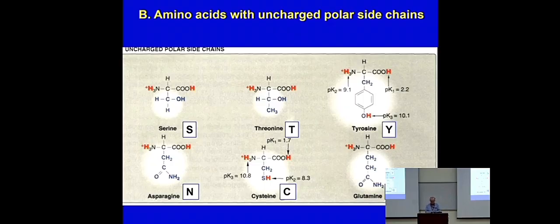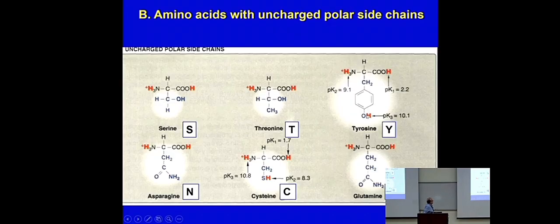Second important feature, which is a good rule of thumb for you, is that a polar side chain will usually have either an oxygen or a nitrogen in the side chain.